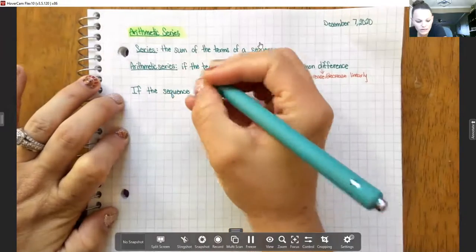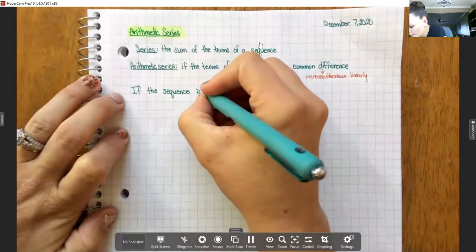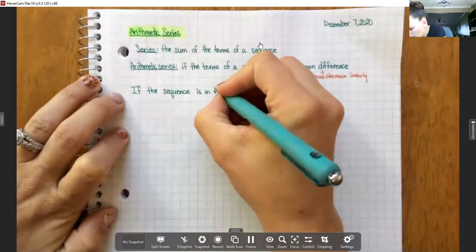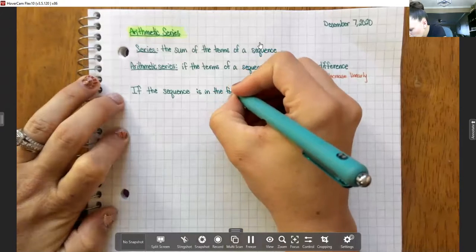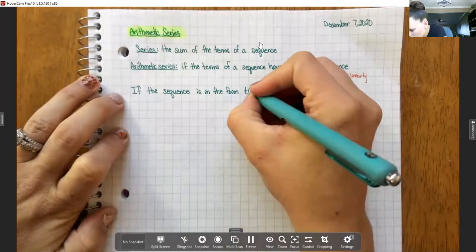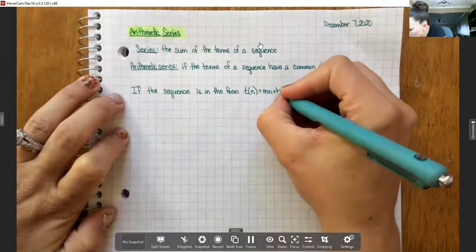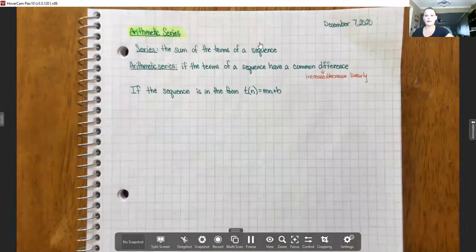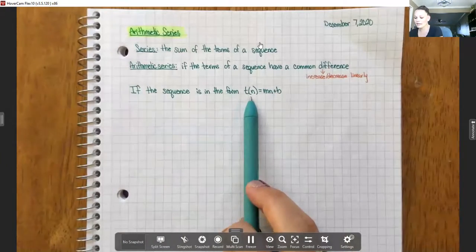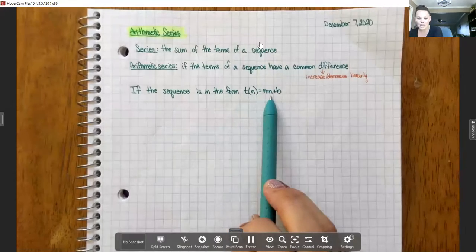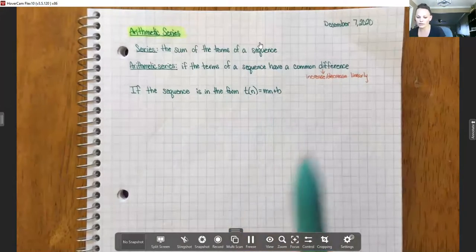So if the sequence is in the form T of n equals mn plus b, it's just like y equals mx plus b, but remember we use T of n, and then that means n here and not x.